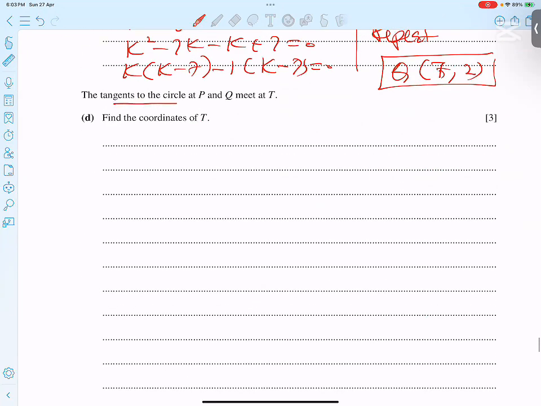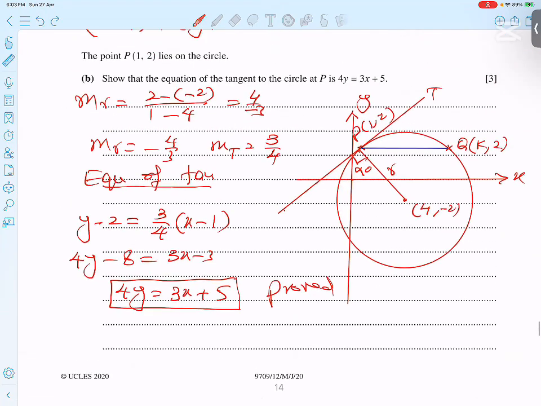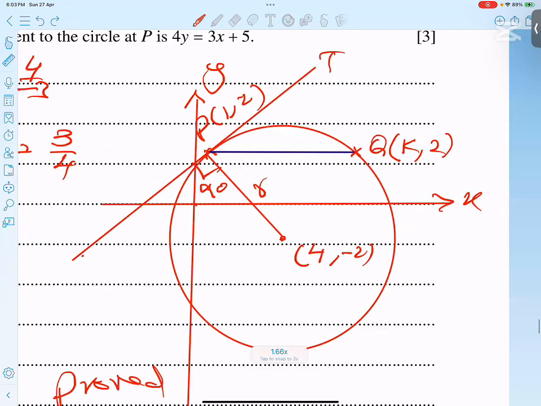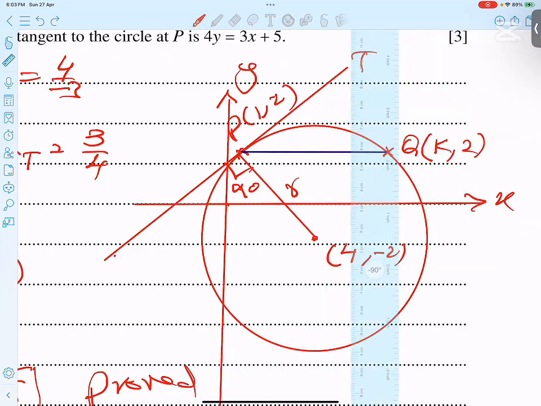The tangents to the curve at P and Q meet at T. So find the coordinates of T. It means I'm going to draw a second tangent. You can see this is the second tangent.